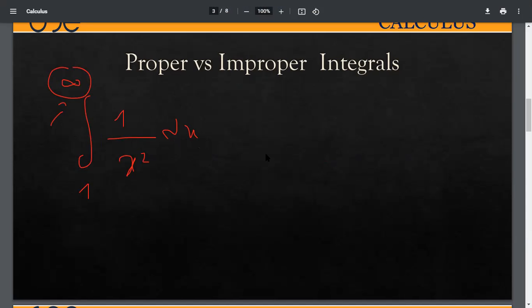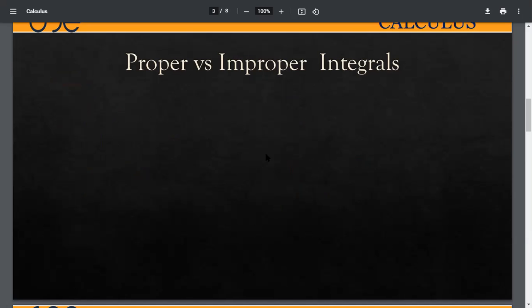Or for example, if I did the integral from 0 to 2 of 1 over x squared dx, this will also yield an improper integral. Those integrals are improper integrals of type 1 and type 2. But we'll talk about this later.